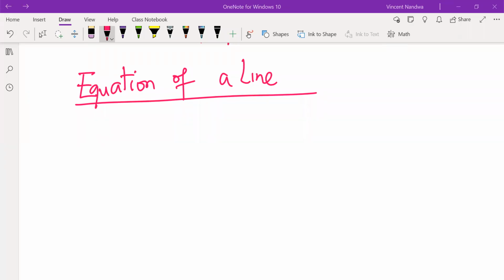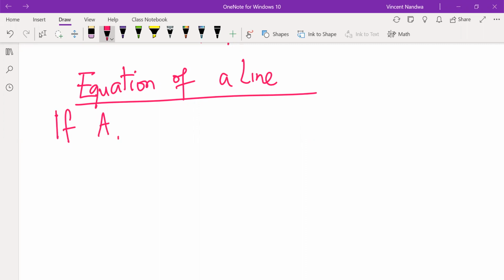So in this session, we discuss the equation of a line. Before we do any example, let's give the general form equation of a line.